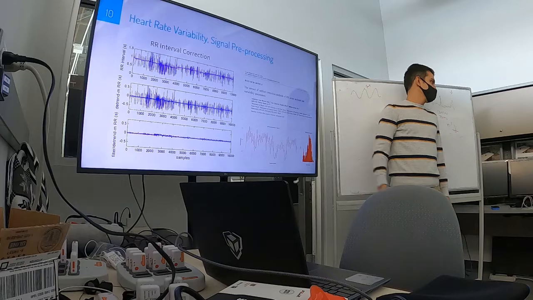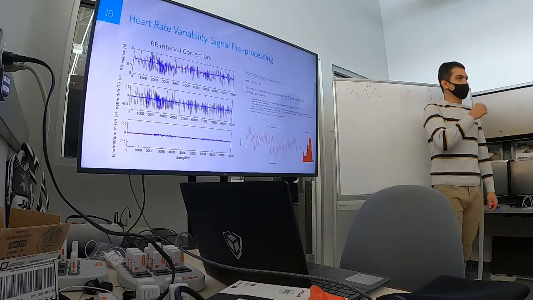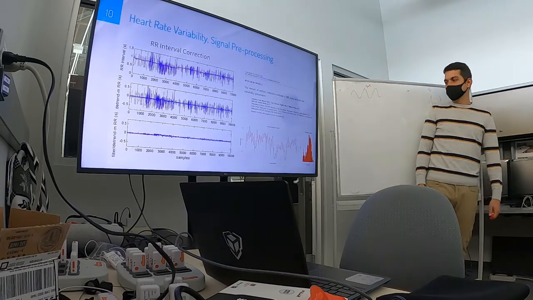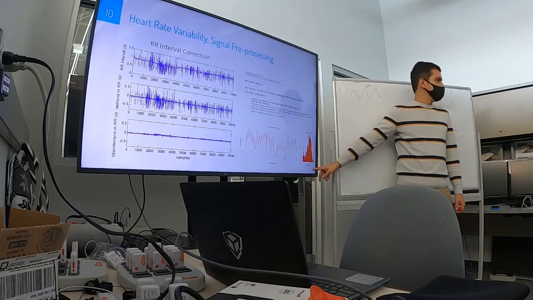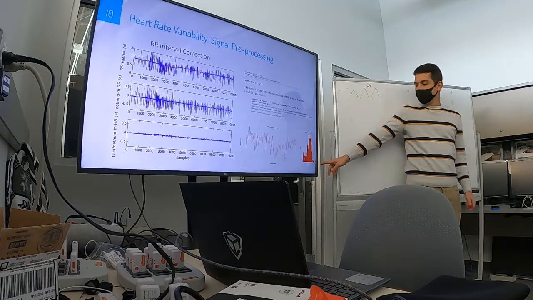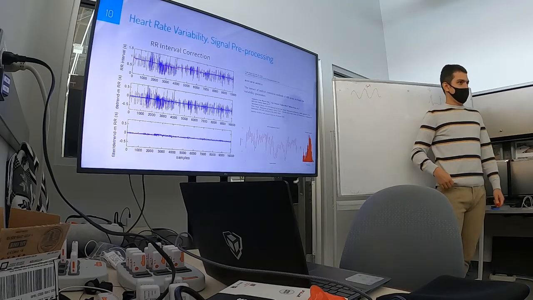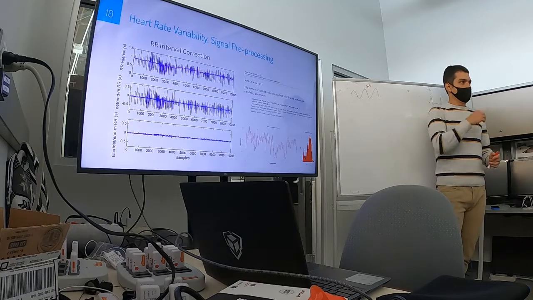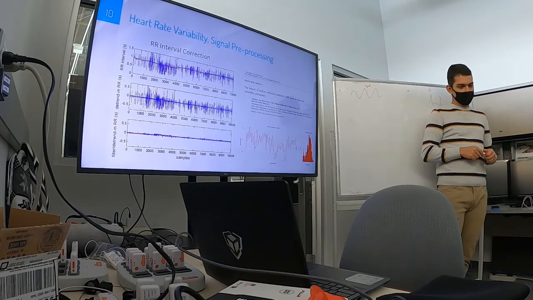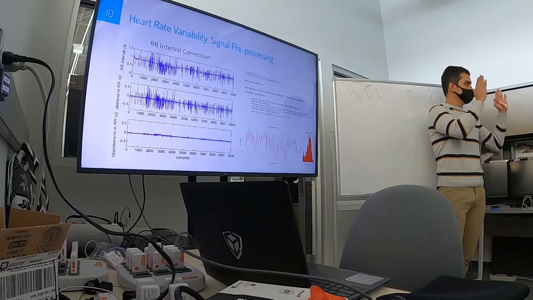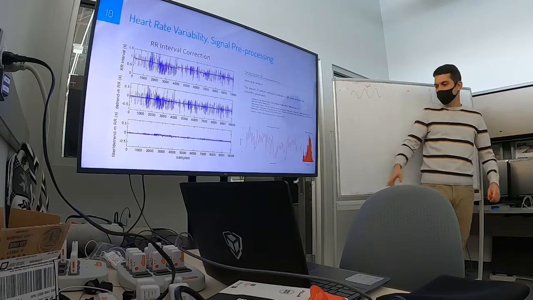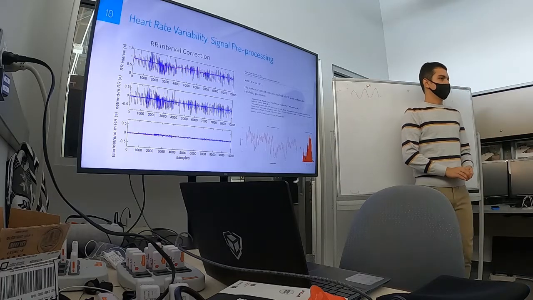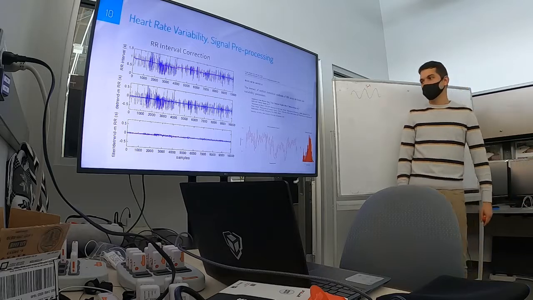But when you see something smoother than that, then probably that's a good signal. You can see the histogram as well. The histogram is normally very Gaussian, especially when you get more than 10 minutes of recording. You will always see a Gaussian distribution of the heart rate. So that's a good way to double check those things.